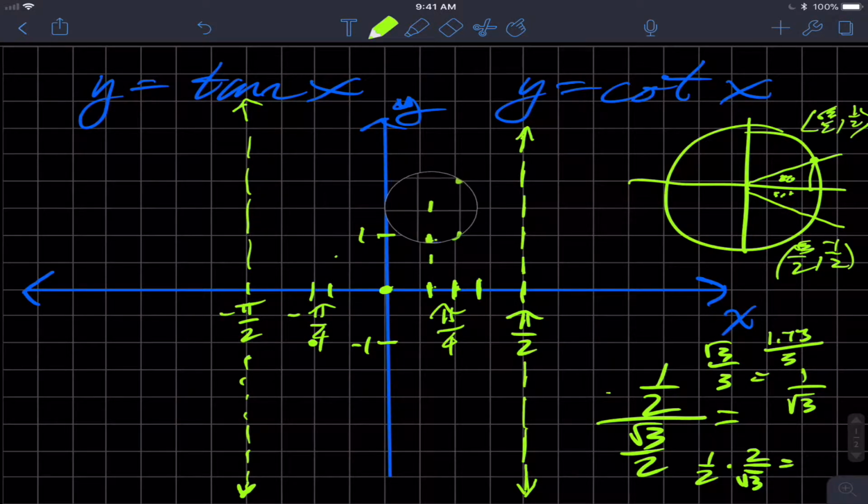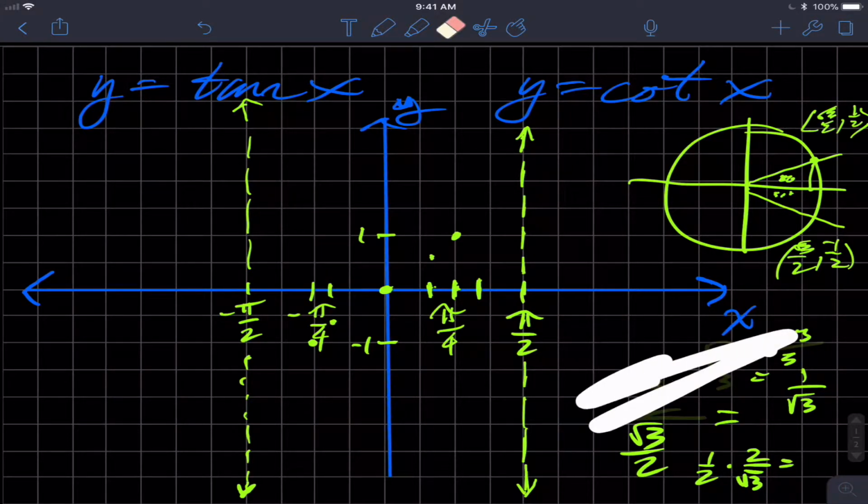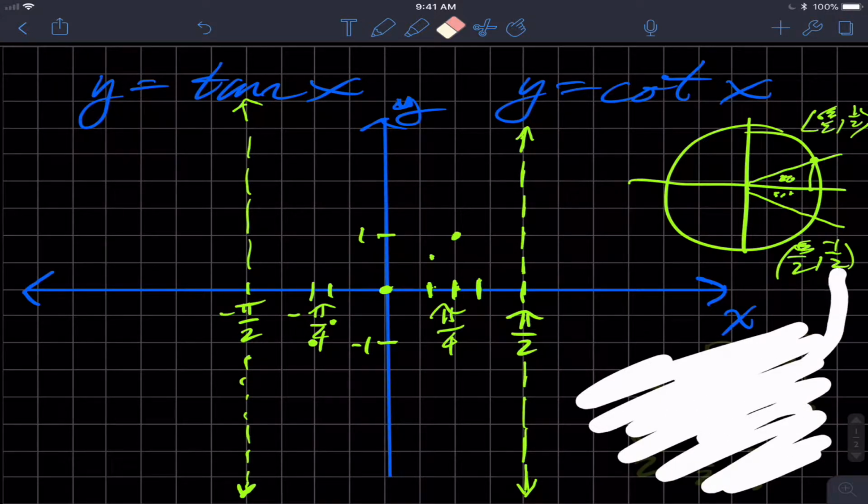So it's somewhere around there, somewhere like right there. On the flip side, the negative one is somewhere over here on the negative side. Let's erase a bunch of this scratch work.